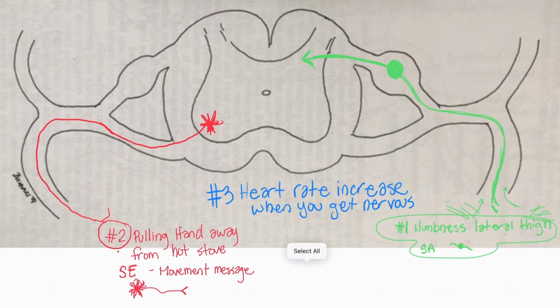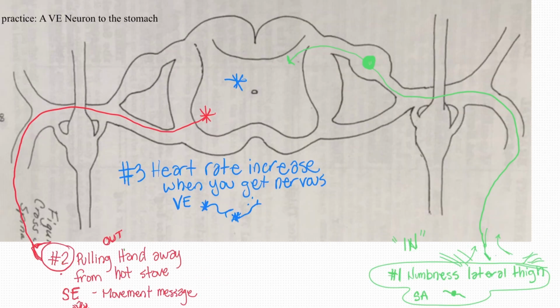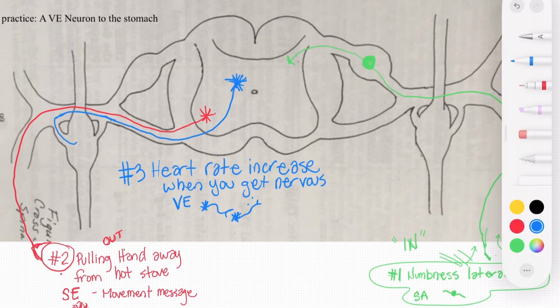For our third example, we're going to do a heart rate increase when we get nervous. So, what's the modality? That's right, this is VE. VE also uses multipolar neurons, but it actually takes two neurons to get the job done, a preganglionic and a postganglionic. Okay, cell body location. The first cell body is in the middle region. The axon exits through the ventral root. From there, it synapses in the sympathetic chain ganglion.